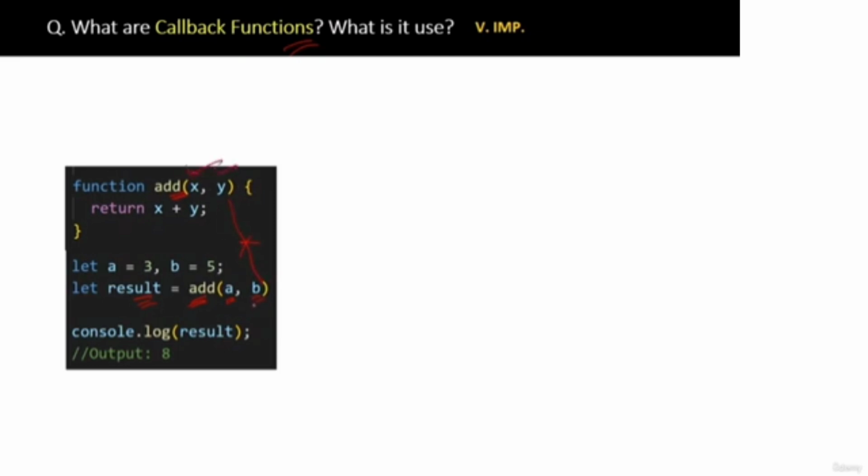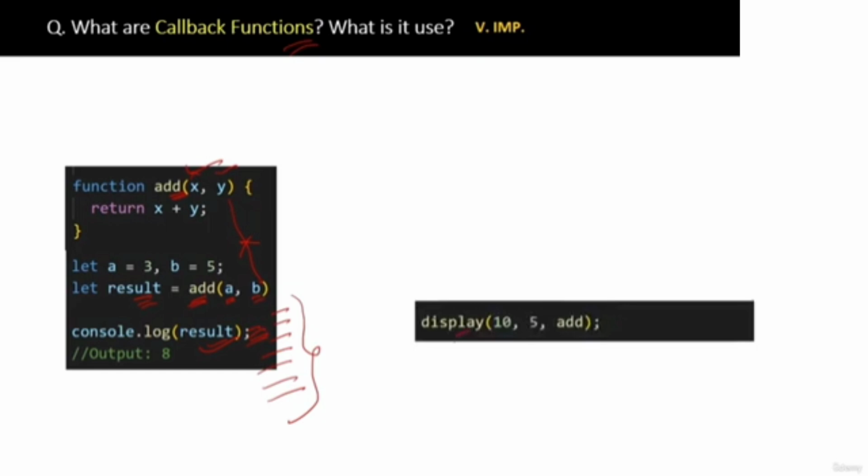At the end, we are logging and displaying the result. But in a real application, instead of this one-line console log statement, we can have many lines of code to display the result, right? Then it is better to put all those lines of code in a single method, display, like this, and call it like this.